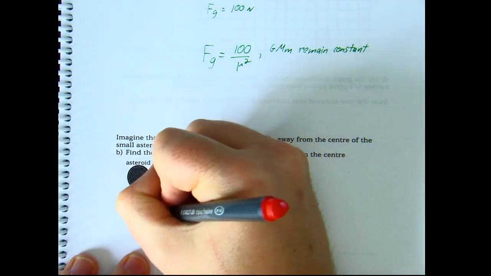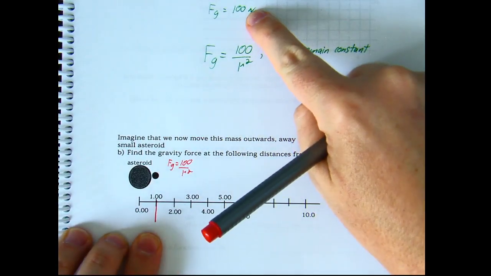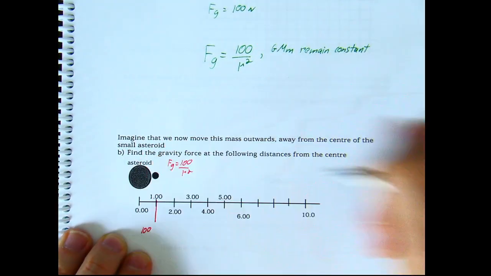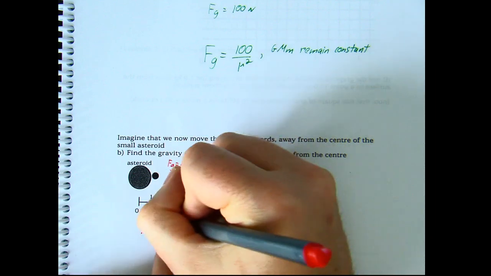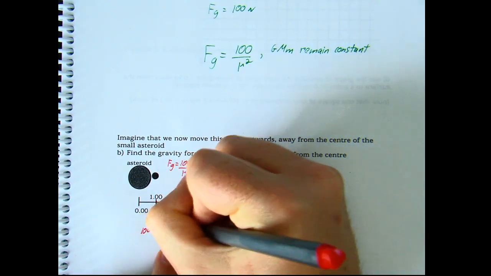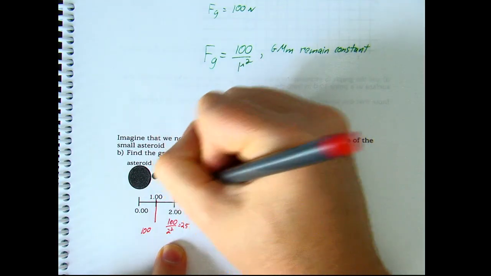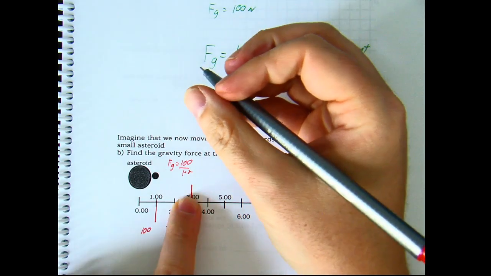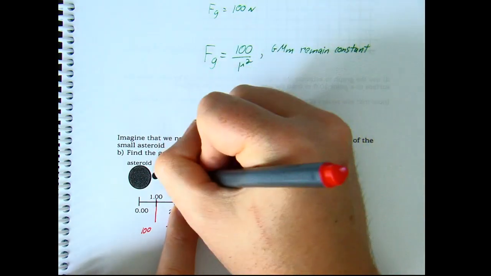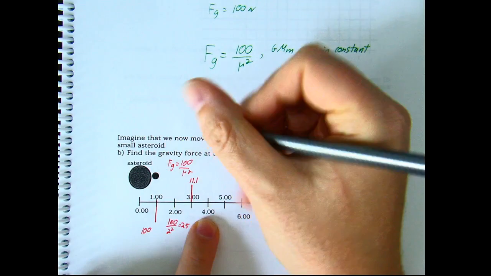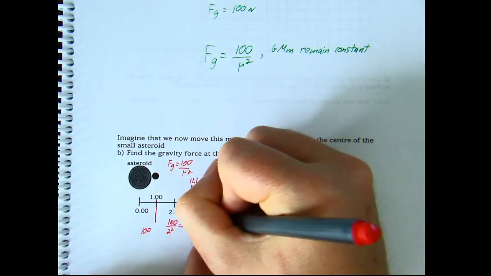So here at the 1 meter mark, that's the question we just figured out. That's going to be 100 newtons. Here, it's going to be 100 over 2 squared, which is 25 newtons. Here, it's going to be 100 over 3 squared, which is 11.1 newtons.